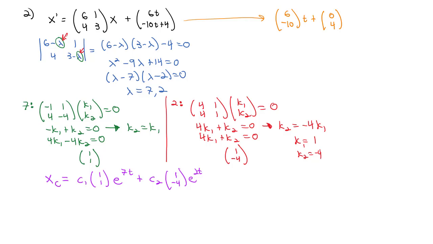This time we're going to have to do a little bit more work, though, to get x particular. X particular, because we have t's, and then we want to count down every exponent, we're going to assume it's going to be of the form a1 times t plus b1, and then a2 times t plus b2, which means x particular prime, the derivative of those expressions, are a1, a2.